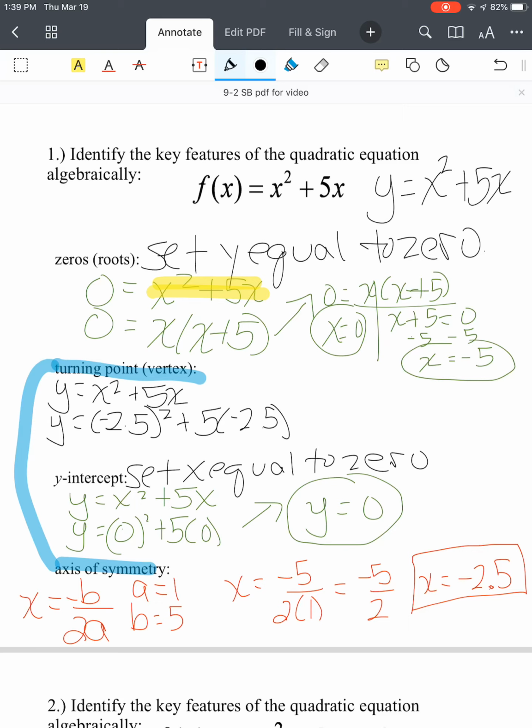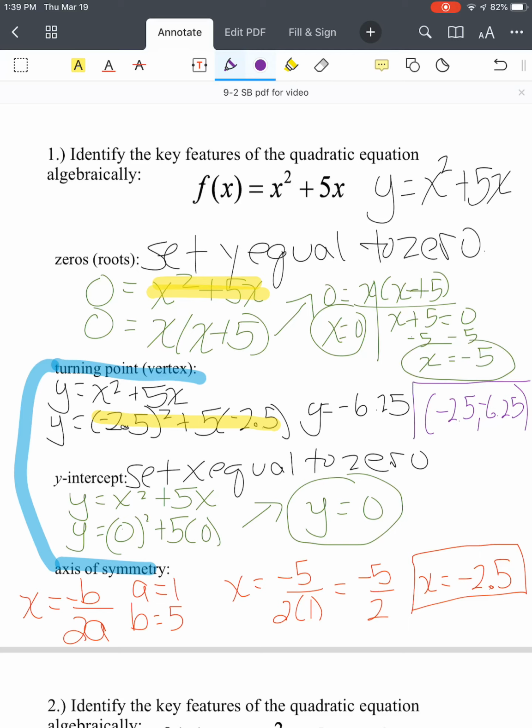What I would do right now, everybody, is take your calculator, hopefully it's out, and just plug this into your home screen, not into your y equals, so that you can find what y equals. When you do that, you should get y equals negative 6.25. So that means my turning point, or my vertex, is the point negative 2.5 comma negative 6.25.